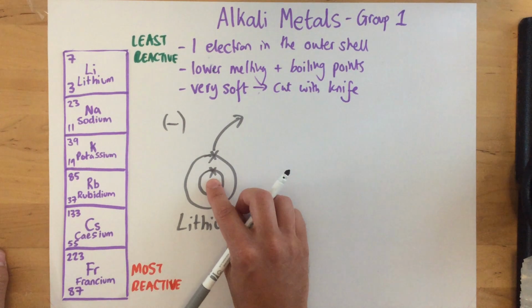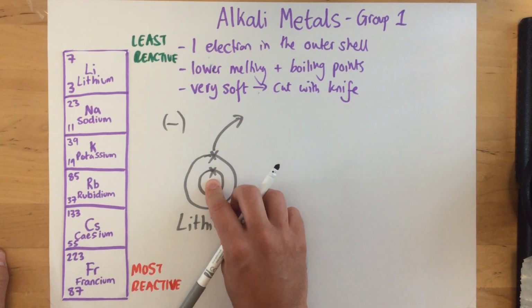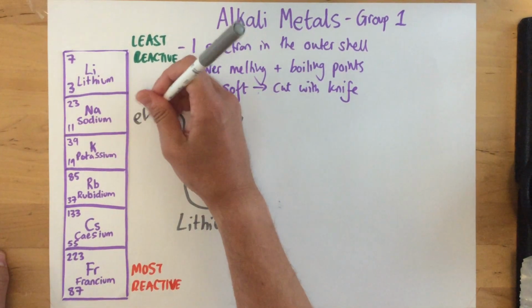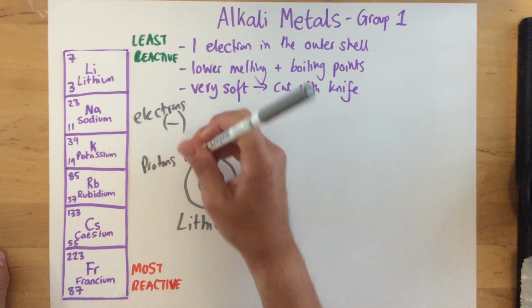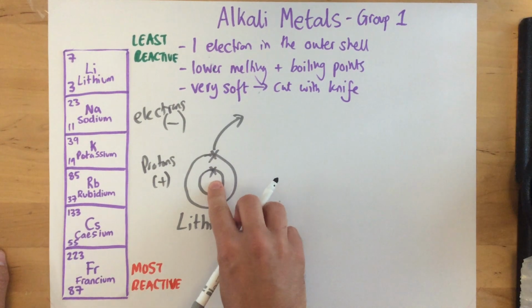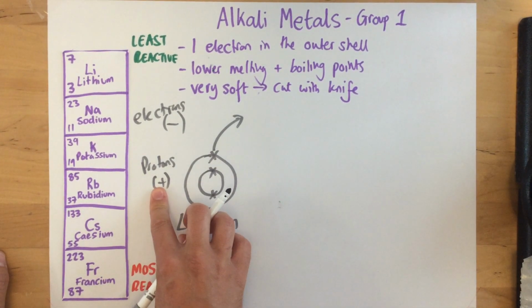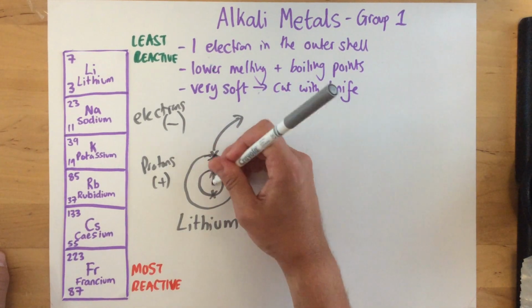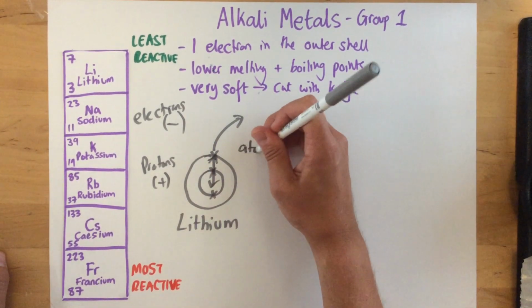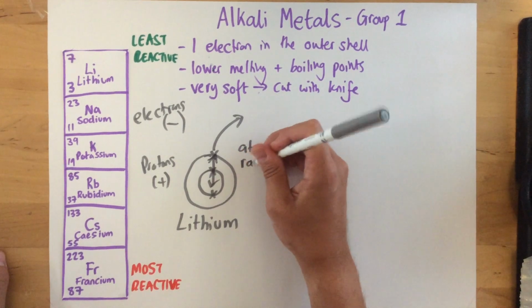Now remember, in the nucleus of an atom, we have protons. So in the nucleus, this is where we have our positive protons. Now, I'll introduce you to a new term here, which is atomic radius.